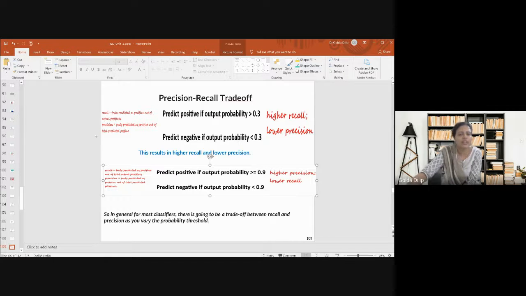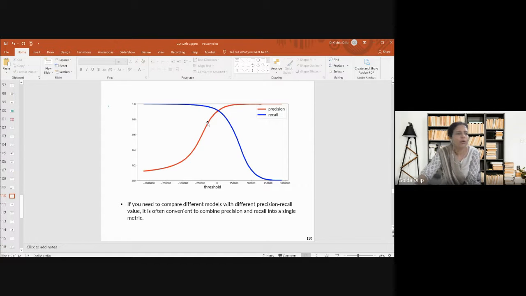In general, for most classifiers there is going to be a trade-off between recall and precision as and when you vary your probability threshold. This graph shows it.